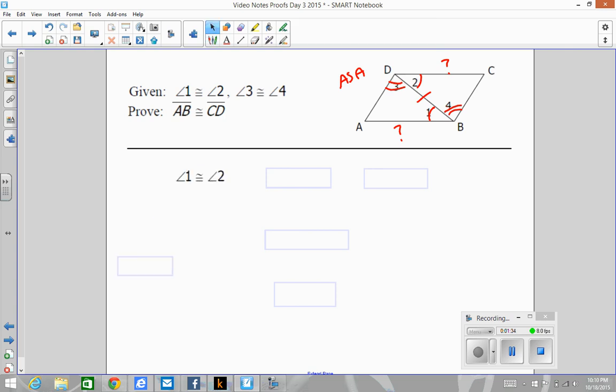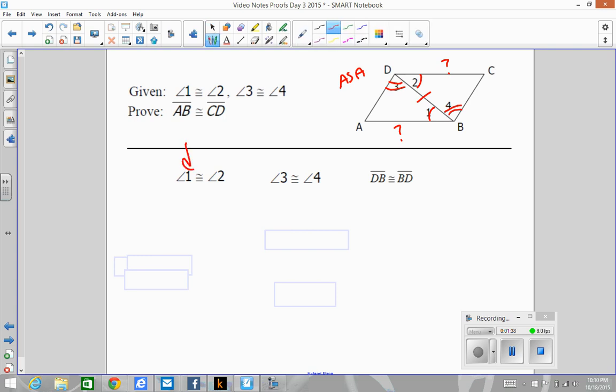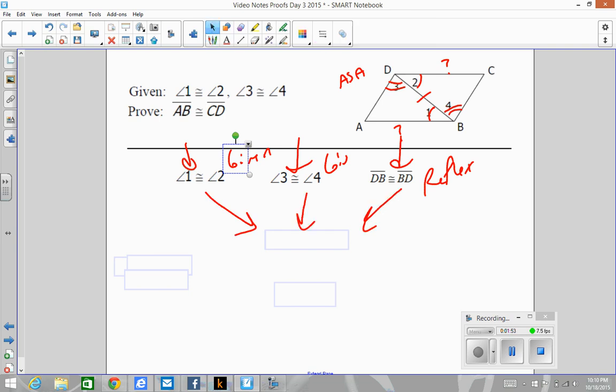So we have this information to start. So we go here, here, and here. Remember, this is reflexive property. These are given. And then from those, we come all to here, where we say our two triangles are congruent.